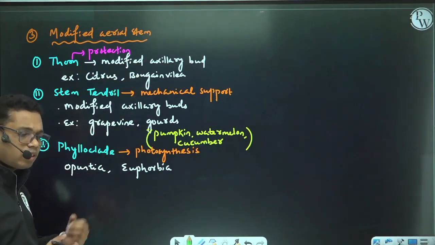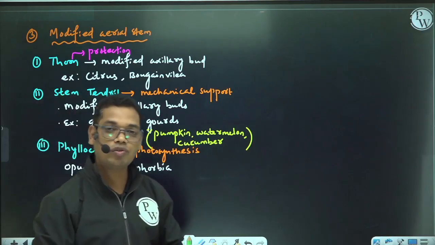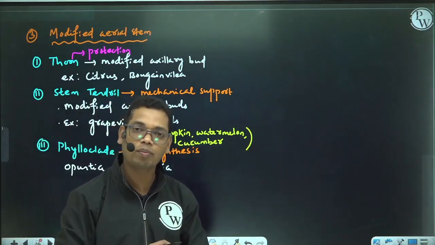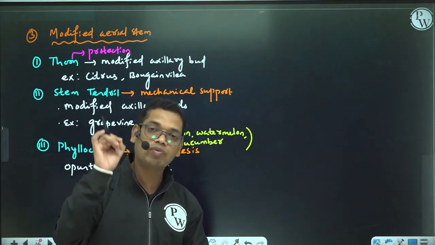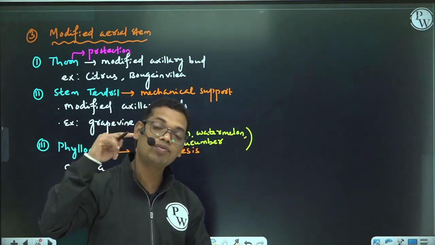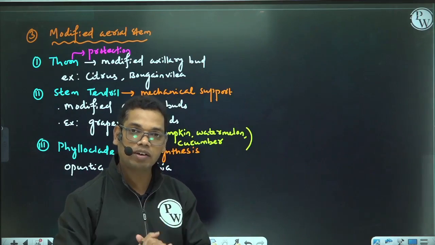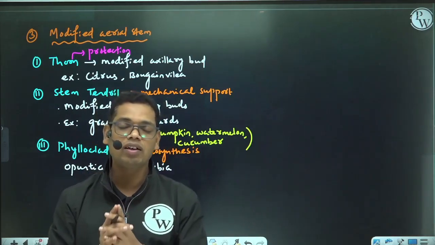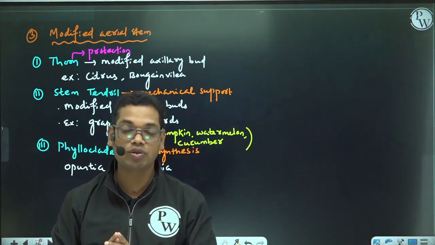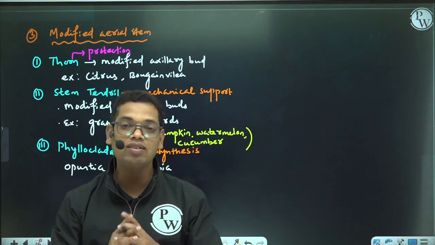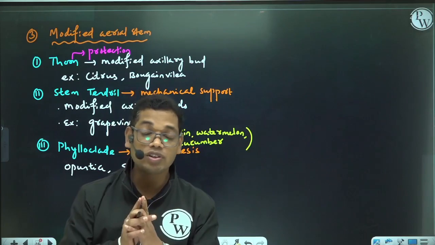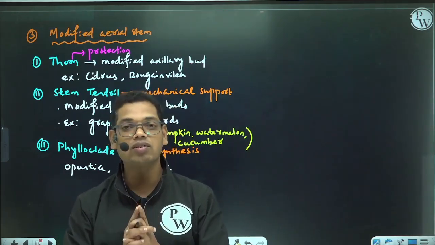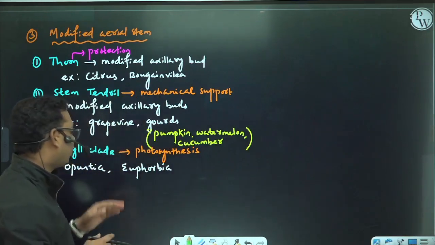In some cases, for example in xerophytic plants, to reduce transpiration, the leaves get modified to form the spines. Stem gets modified to form the thorns, and leaf gets modified to form the spines. If the leaf gets modified to form the spine, then the function of photosynthesis will be carried out by the stem, and the stem which gets modified to perform photosynthesis is called phylloclade.